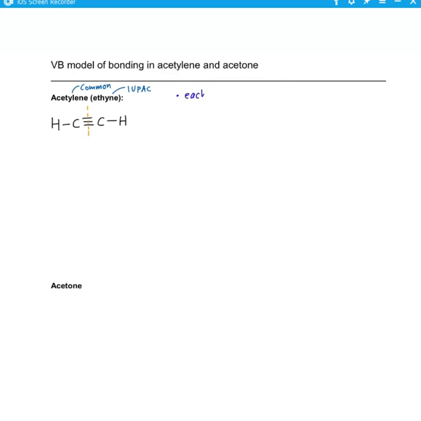Each of the carbons has two areas of electron density around it, which means that each carbon needs two degenerate hybrid orbitals.